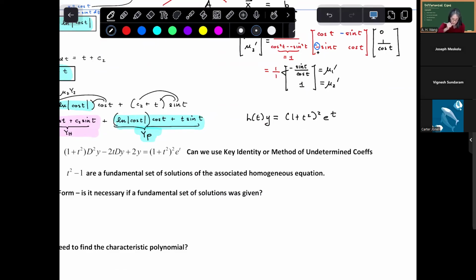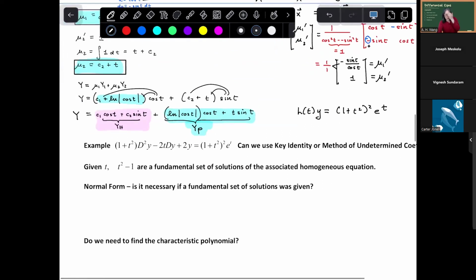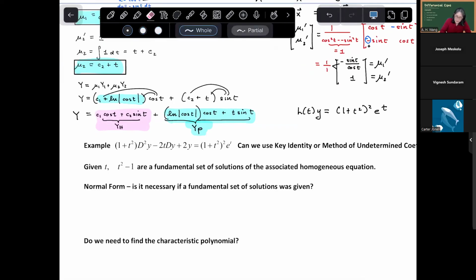Really quick, it's not even in normal form. But just leaving it like this before we put it into normal form, can you use key identity or method of undetermined coefficients? Let me just get rid of this for now. So remember, key identity or method of undetermined coefficients.